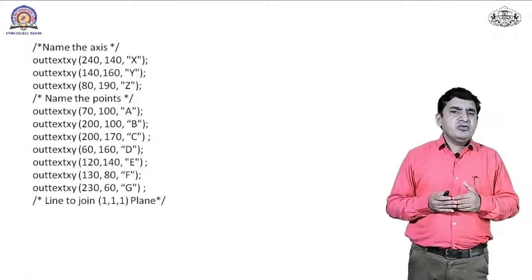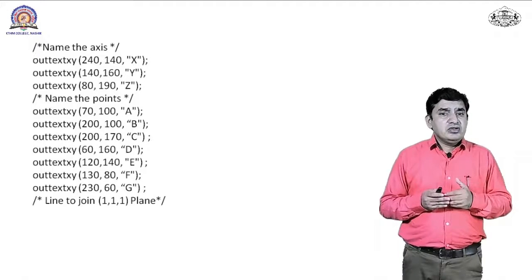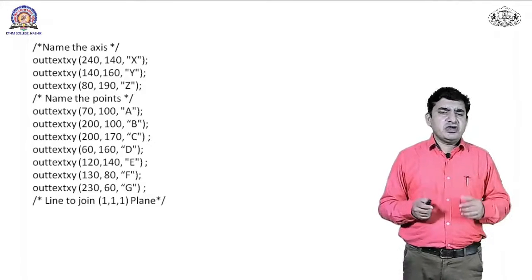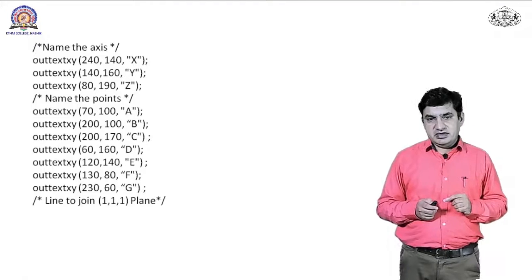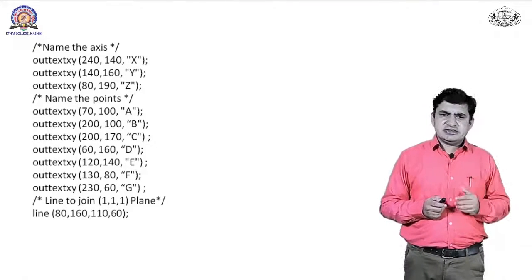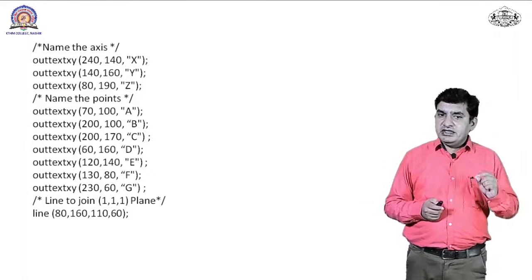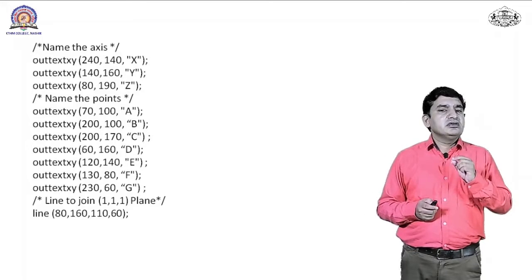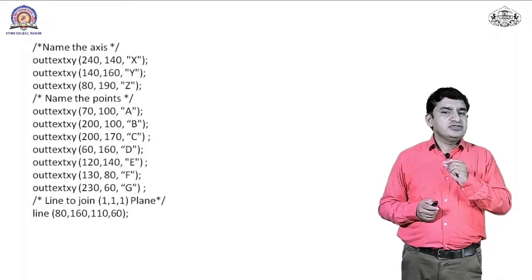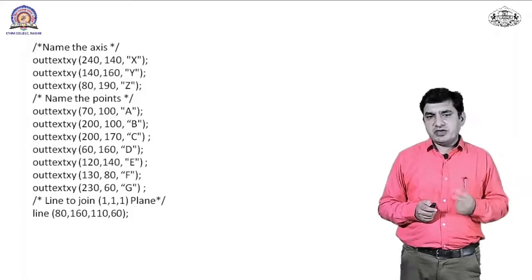Now, we have to draw lines to join one plane. Okay. First, we require 3 lines. First line having coordinates 80, 160, 110, 60. Okay. That is the starting point coordinate and end point coordinate.